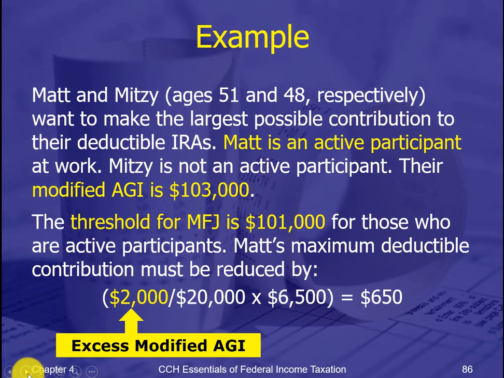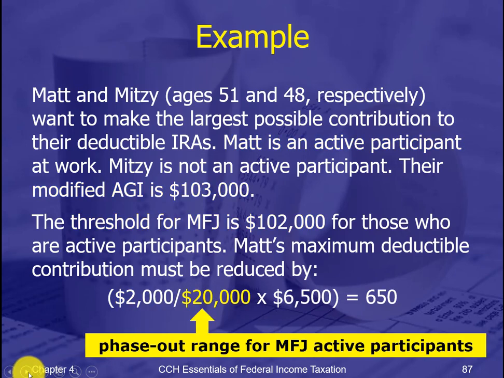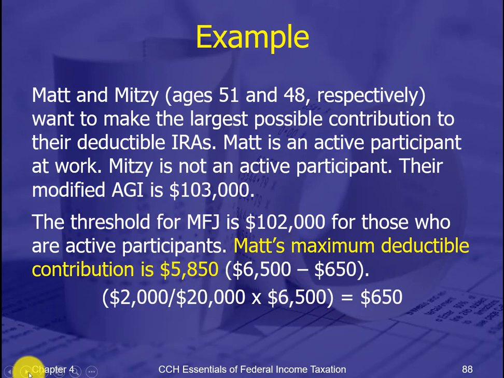He's over by 2,000. That's 10% of the phase out range. So his amount deductible is reduced by 650. So his contribution is $5,850.